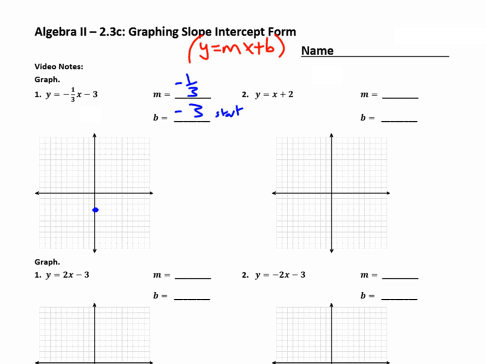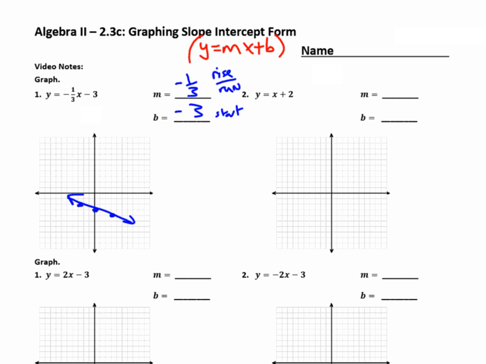That's where it crosses the y-axis. And then I'm going to use the slope, which is rise over run, to get to my next point. So I've got a negative 1/3. I can go down 1 and right 3, or I could go up 1 and left 3. Either that negative could go on the top, be negative 1, or it could go on the bottom and be negative 3.